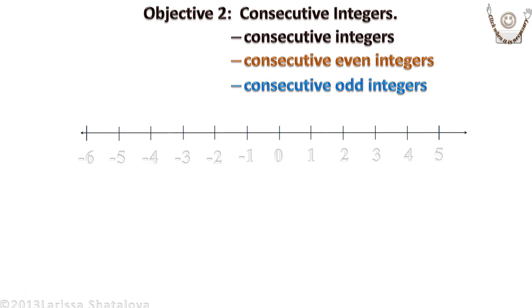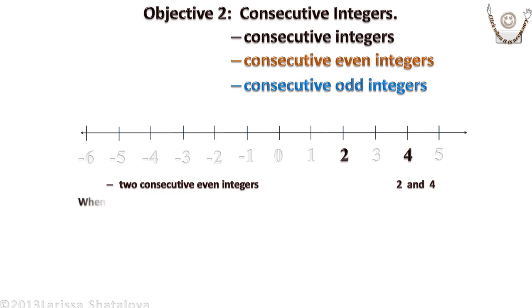If you see the words two consecutive even integers, that means it can be any two even whole numbers, or negative integers, for example 2 and 4, or 10 and 12, or -6 and -4, and so on.